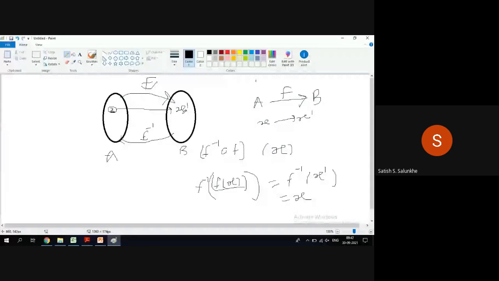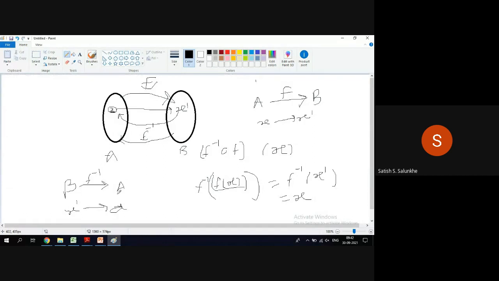What is this f inverse? f inverse is from set B to set A. So you have here x dash. It is mapped back to x with the help of f inverse. So x dash is mapped to x with the help of function f inverse.